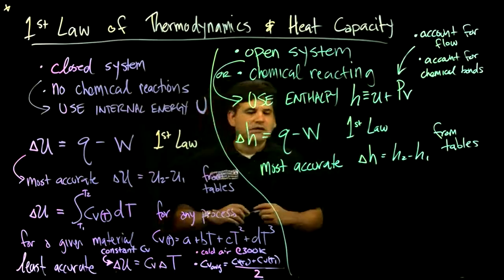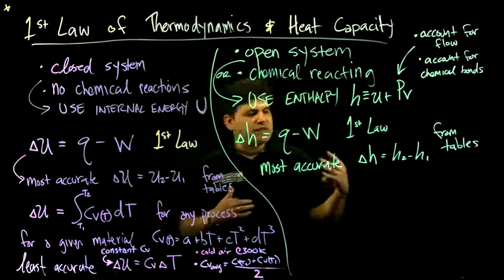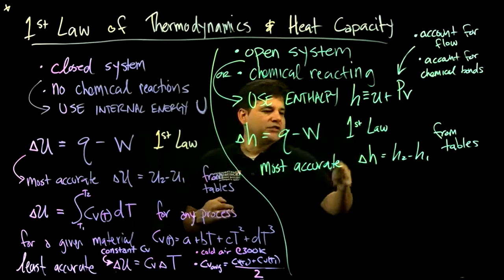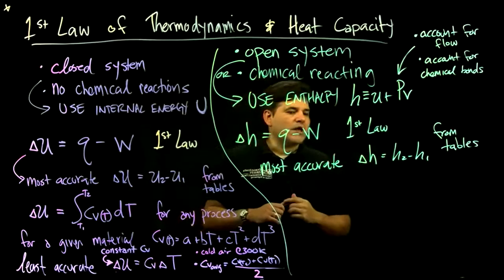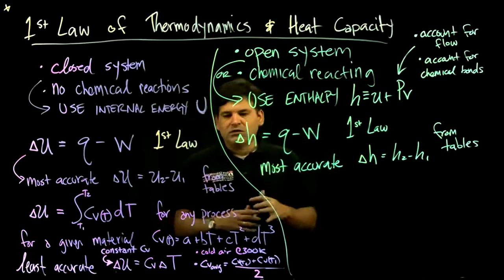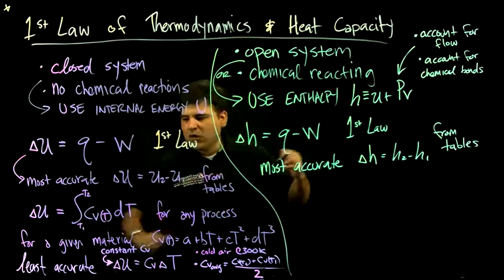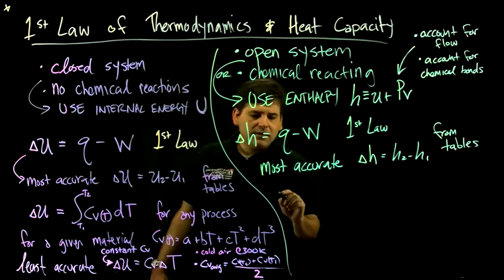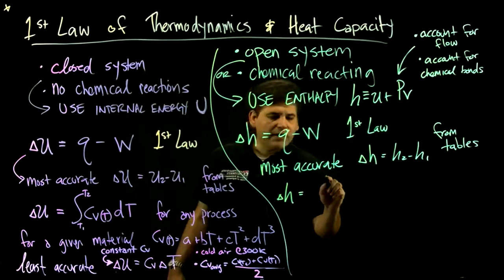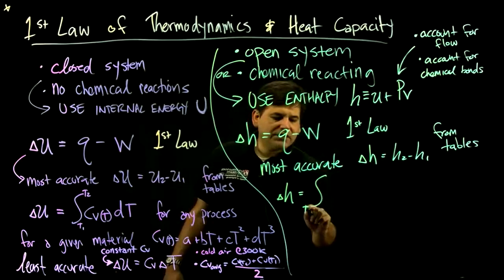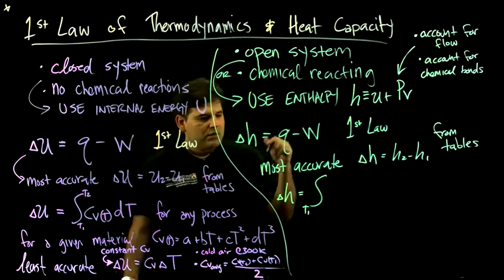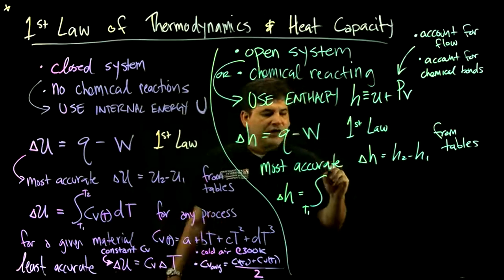But if you want to use an equation and parameterize this internal energy in an equation rather than relying on a table, which is more accurate for computer codes, as I was saying before, you can use heat capacity. And heat capacity is used to find internal energy, and it can be used to find enthalpy.